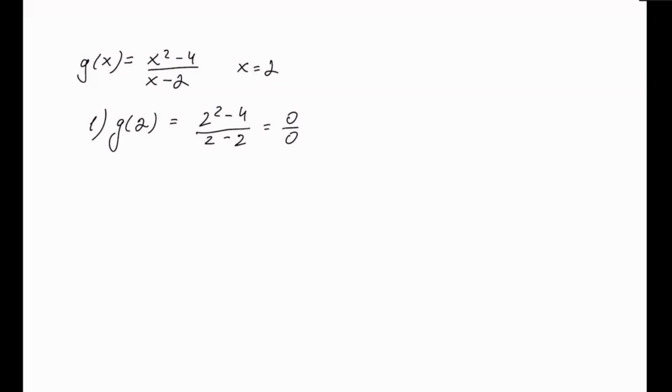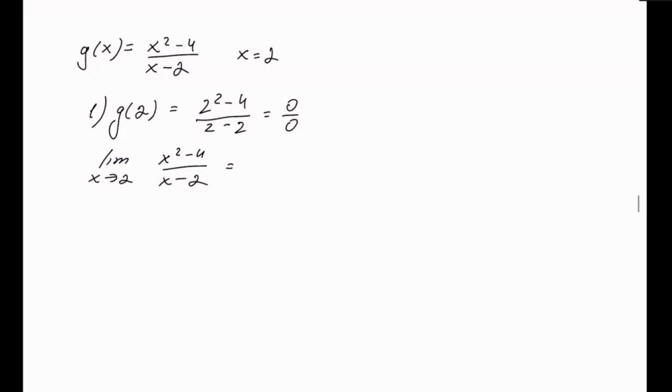Now, here's something interesting. Even though g is not continuous at x equals 2, we can still find the limit. The limit of x squared minus 4 divided by x minus 2 as x goes to 2 is equal to the limit as x goes to 2 of (x plus 2)(x minus 2) over (x minus 2).